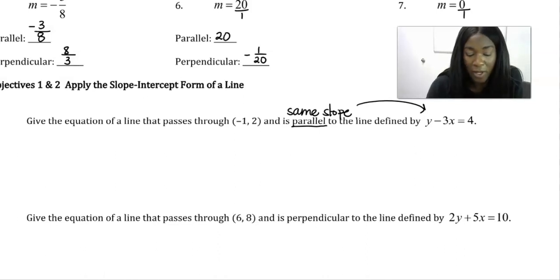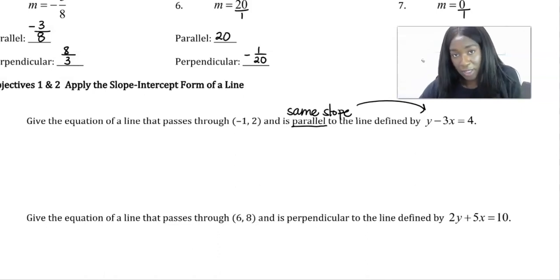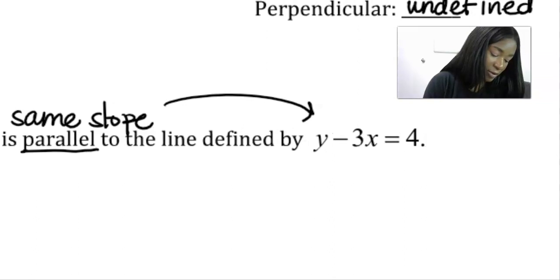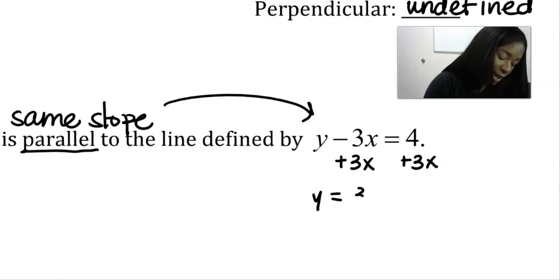One of the fastest ways to find the slope of a line is to put it in slope-intercept form. How do we get to slope-intercept form? We solve for y. So I'm going to add 3x to both sides of this equation. I get that y is equal to 3x plus 4.